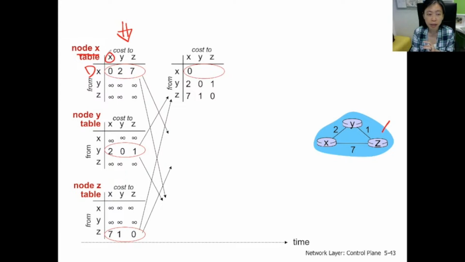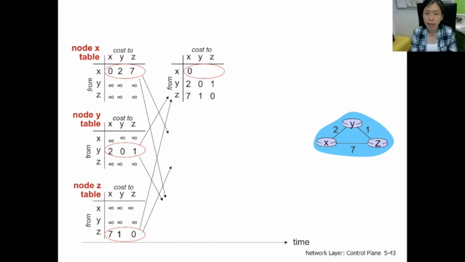For destination x, it's itself, therefore distance 0, it does not cost anything to transfer data from x to x. To go from x to y, let's initialize it to the link cost of xy if they are adjacent to each other. Same for xz: they're adjacent, therefore we use the link cost between xz. Similarly, you do the same thing to initialize dy for node y, dz for node z.